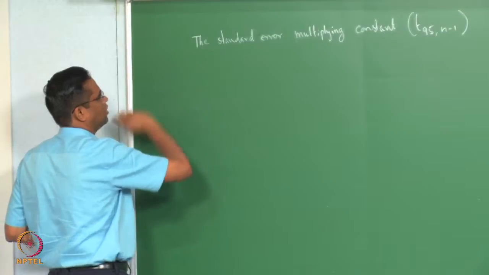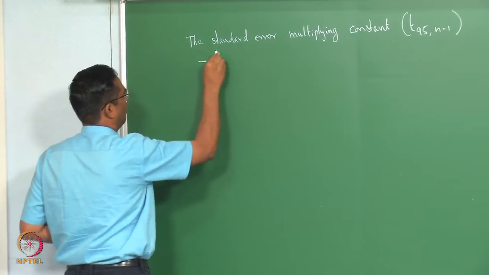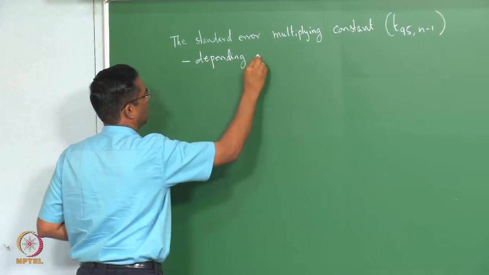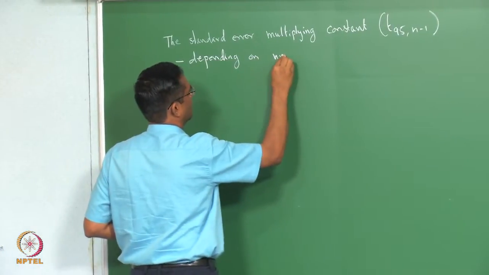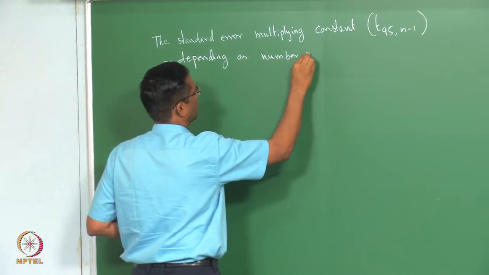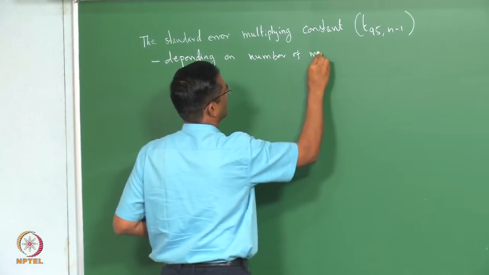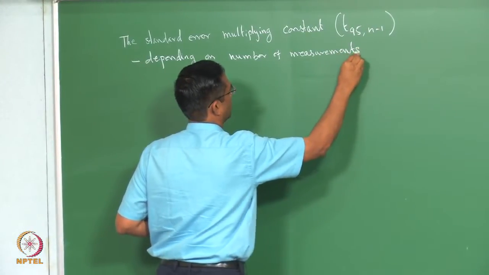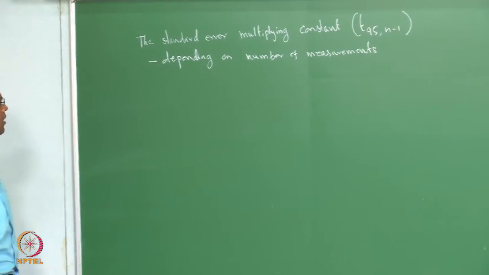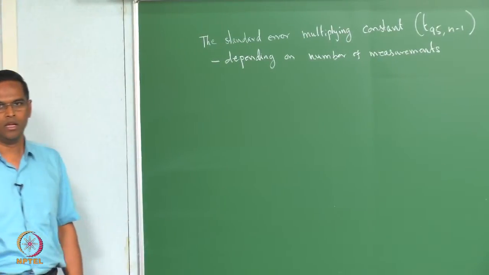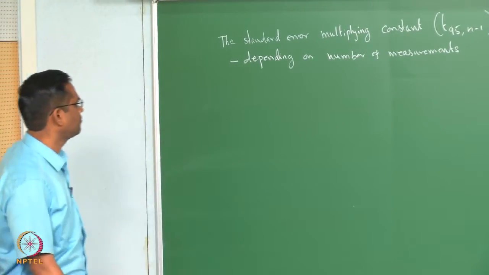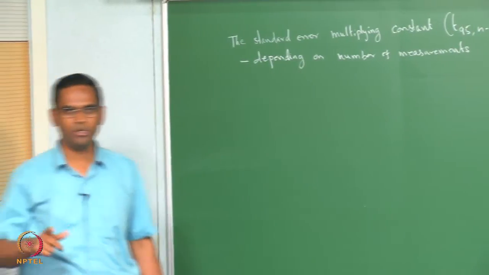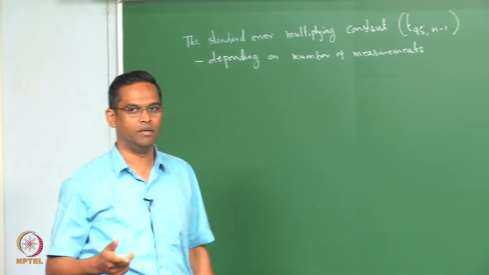This constant depends on the number of measurements on a random sampling. How this constant is influenced by the number of samples as well as the degrees of freedom, that we will see.